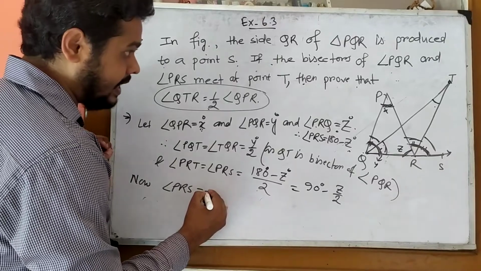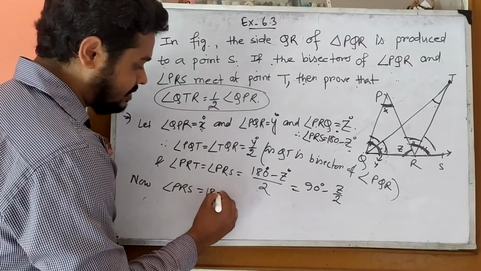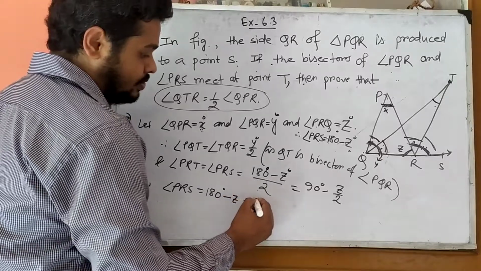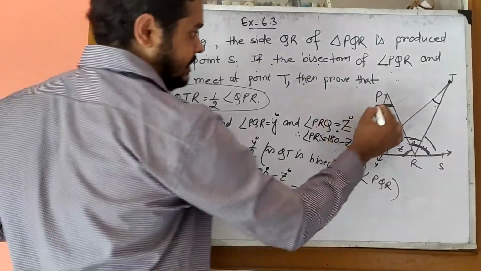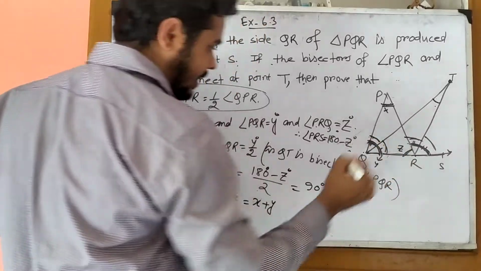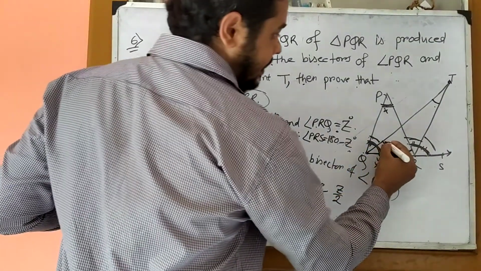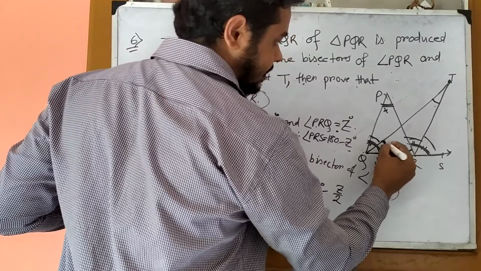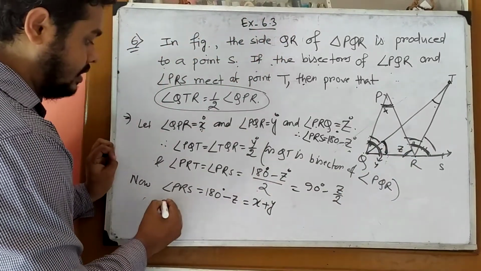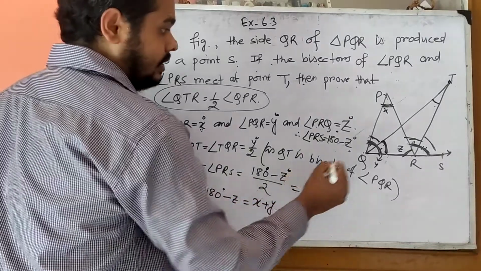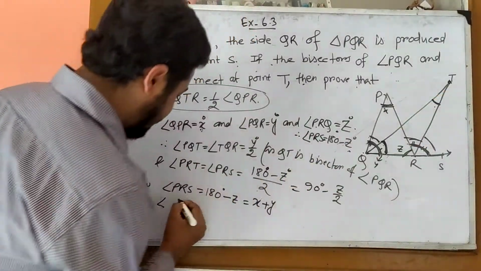Therefore PRS, that is 180 minus z, equals x plus y. This is x and this whole angle is y. Now, this angle is this portion.